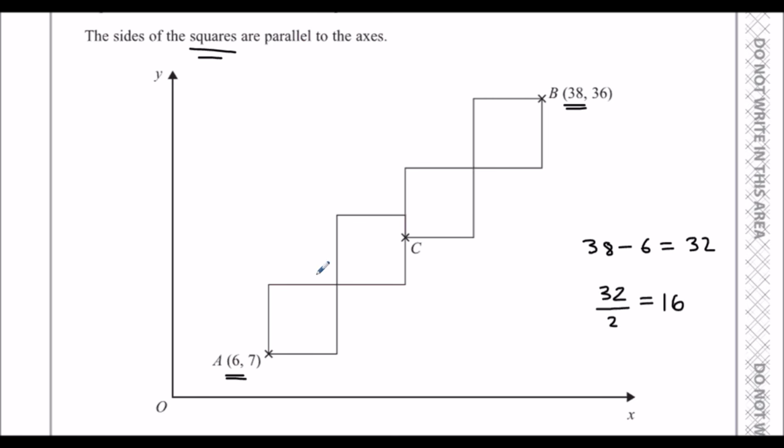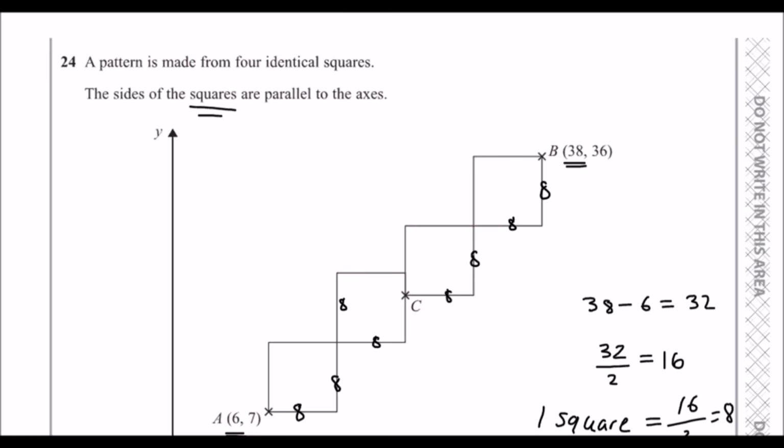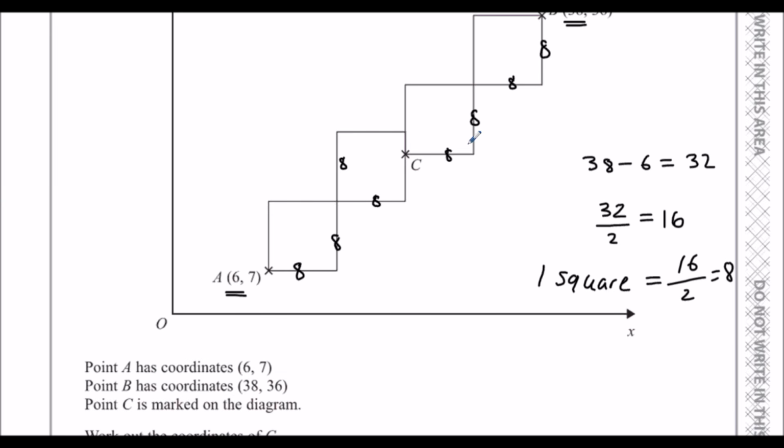And we can even say, if the 2 squares are 16, 1 square is 8. So each square is 8 by 8. So we were told the squares are identical, so they're all 8 by 8 squares.